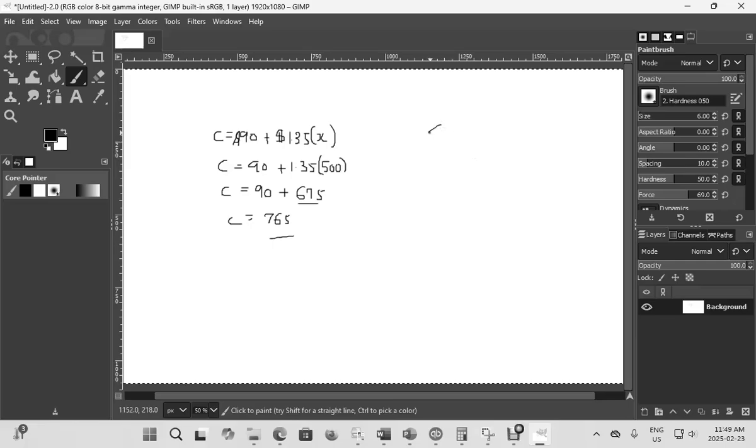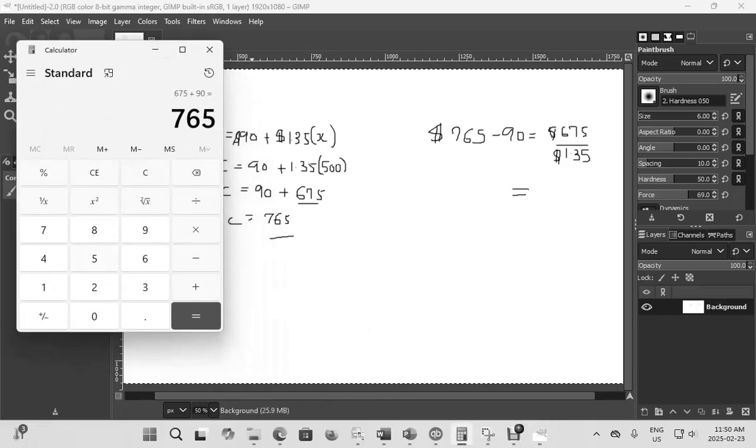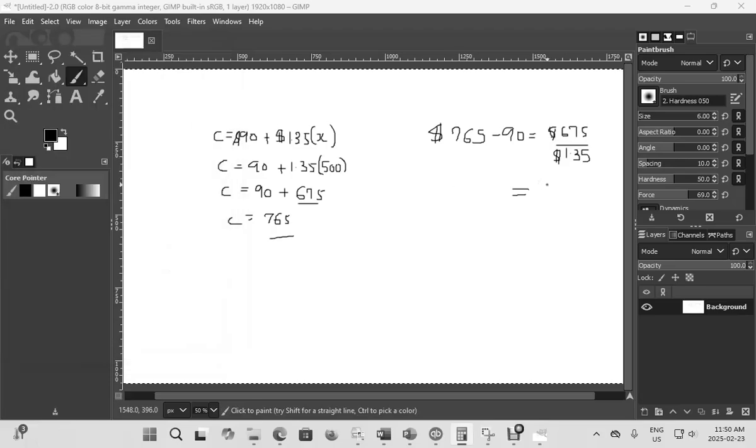Then we divide 675 by 1.35, the cost of one pen, which will be 500.